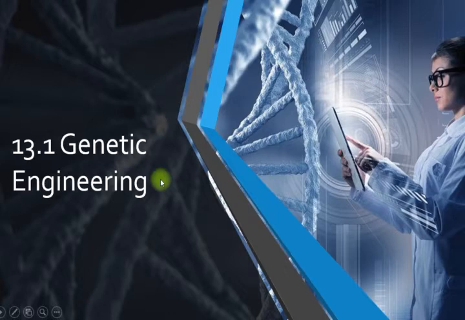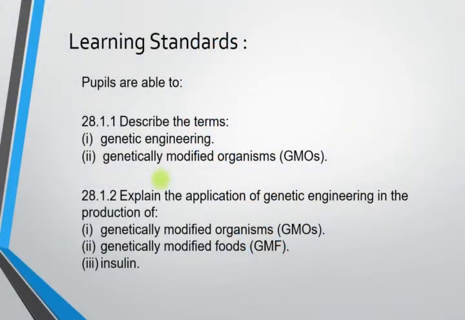Alright, so we are going to learn 13.1 genetic engineering. So what are the learning standards that you are going to cover for today? Okay, number one, describe the terms of genetic engineering. And the second one, genetically modified organisms or GMO.